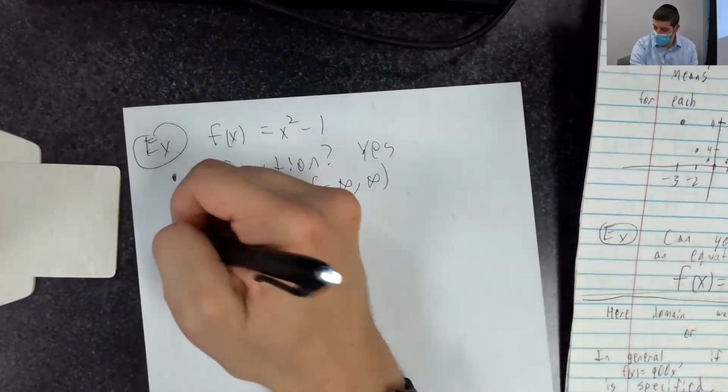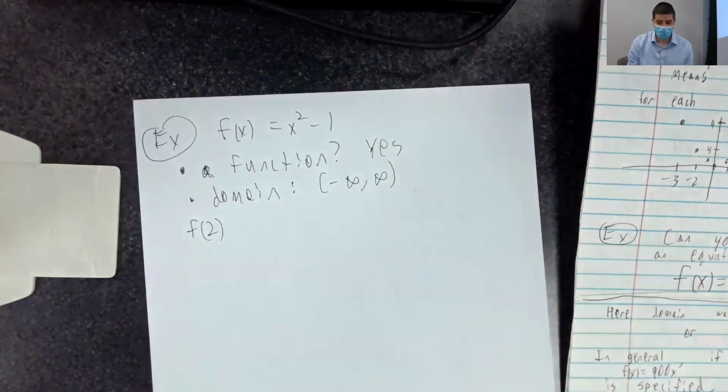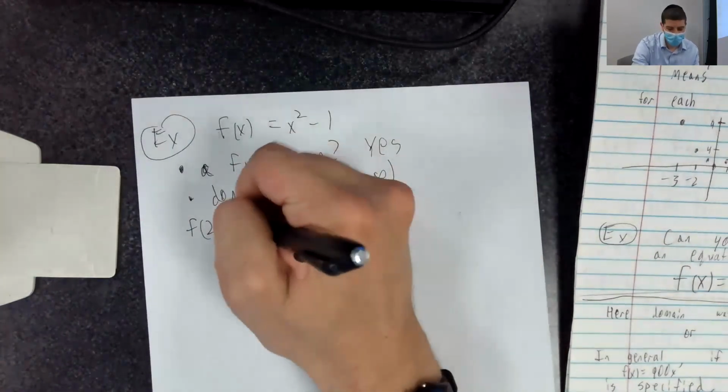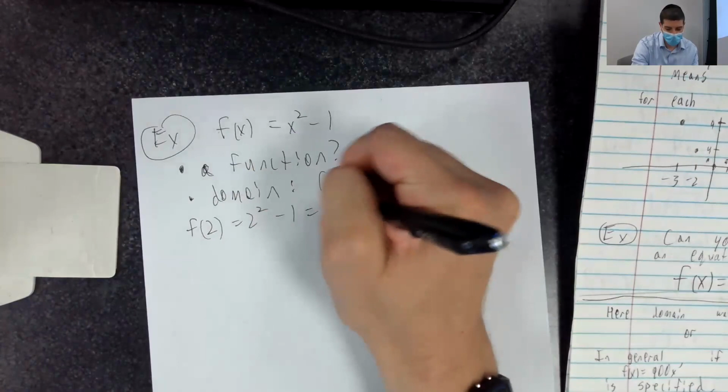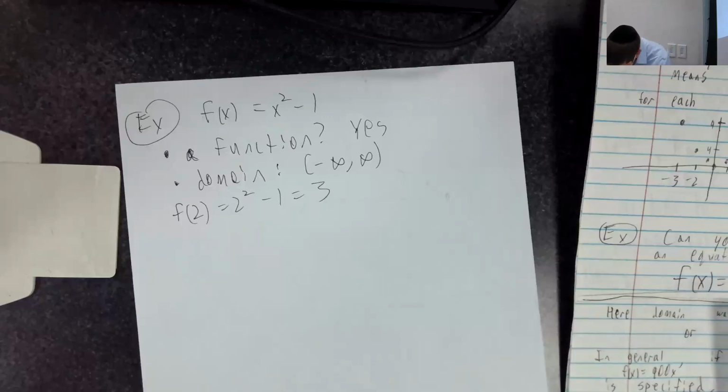Okay. Can we plug stuff in? What's f of 2? 3. So 2 squared minus 1 is 3. What's your name? Rachel? Okay, like Rachel said.